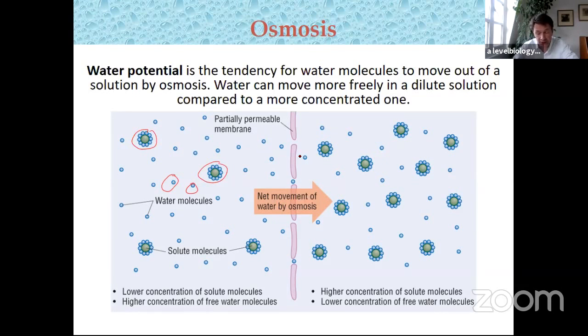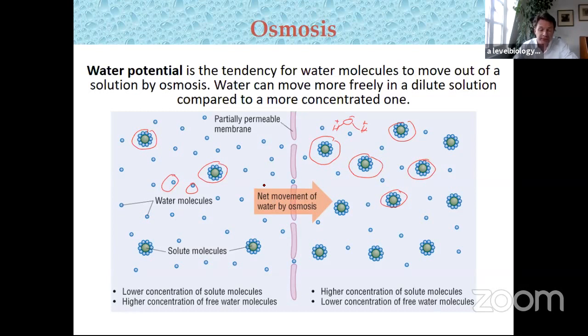So there are more solute molecules here, and these solute molecules have more water molecules clustered around them because the water, remember, is polar, so it's got an uneven distribution of charge. So it's clustering around the solute molecules, which are dissolved in the water, which is the solvent, which gives us a solution.